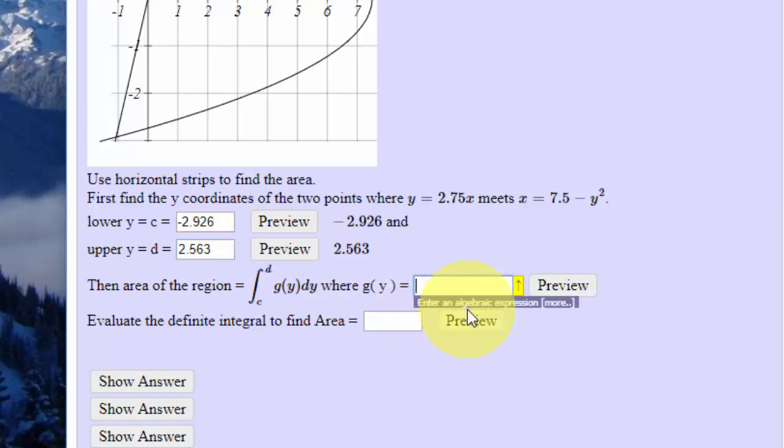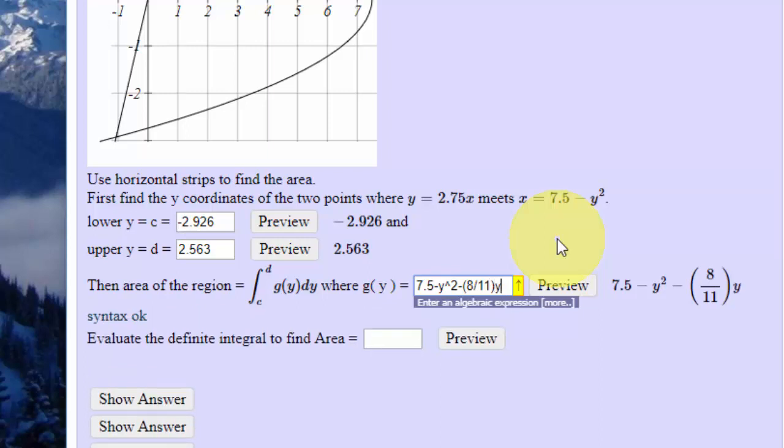The function that we're integrating is 7.5 minus y squared minus 8/11 times y. And they've already entered the dy here. And then I evaluated the integral, and I got 27.567.